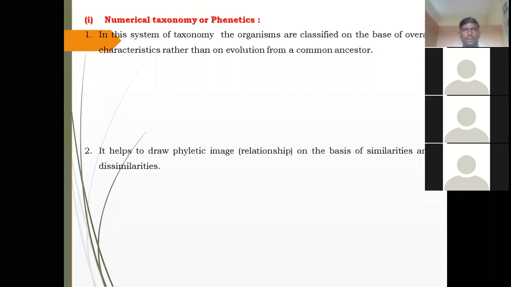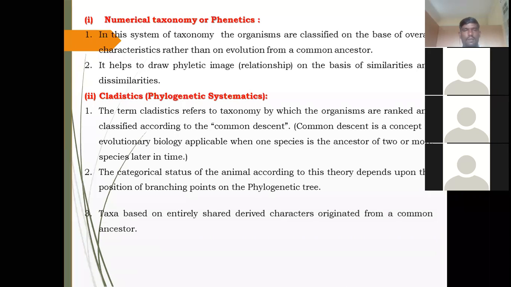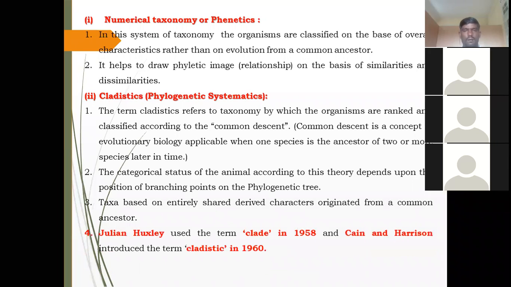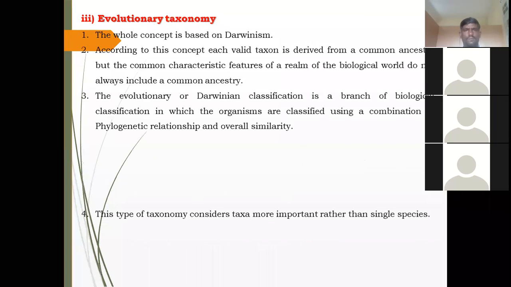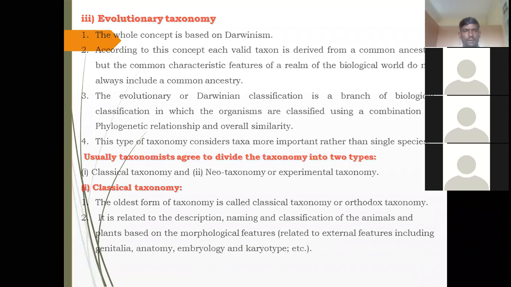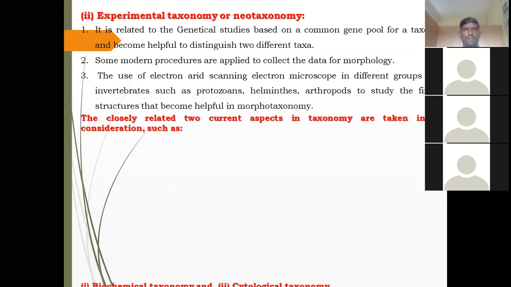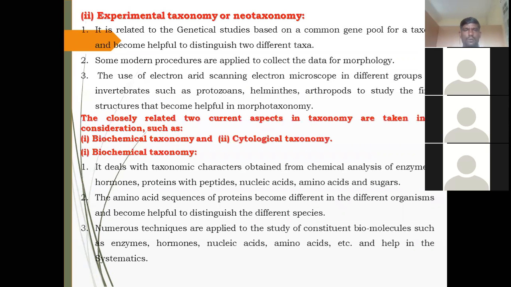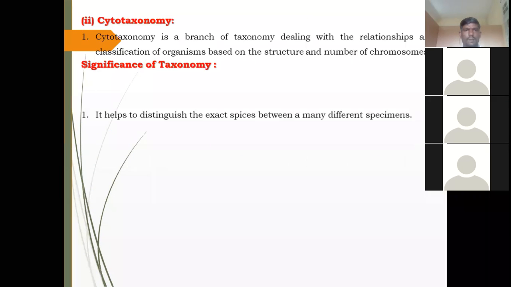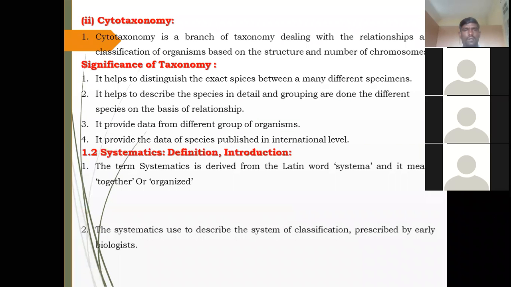Then we learned some important aspects regarding systematics, then diversity, then taxonomical types. In that we learned classical taxonomy, then experimental taxonomy, that is called neo-taxonomy, then cytotaxonomy, and last we learned the significance of taxonomy.